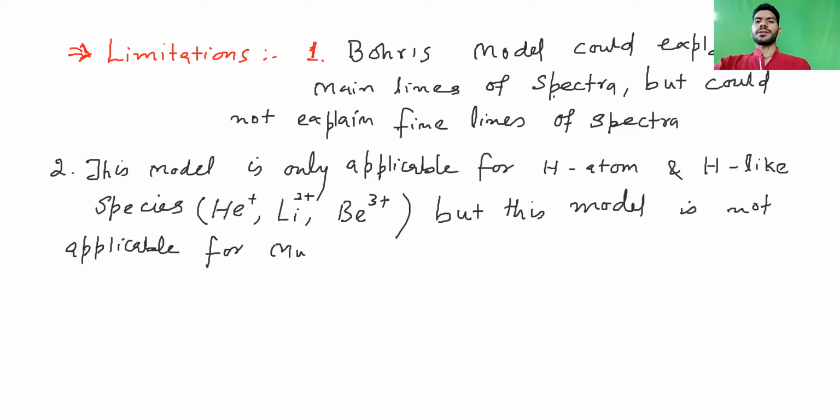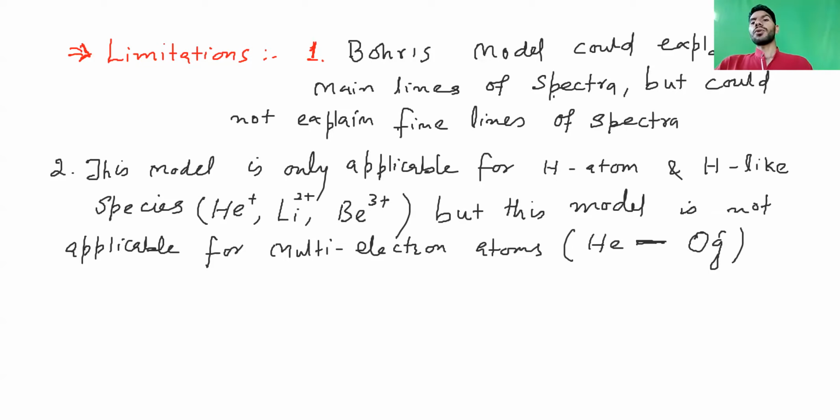Whenever there are multi-electron atoms, we cannot apply Bohr's model to them. Multi-electron atoms start from helium onwards, up to the last element, oganesson. So Bohr's model is limited to hydrogen and hydrogen-like species, and we cannot apply this model to multi-electron atoms.